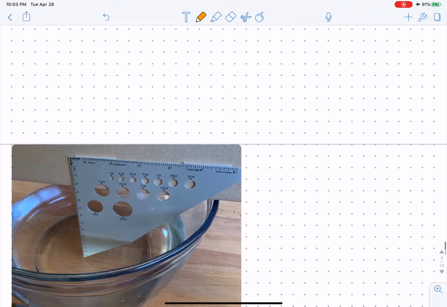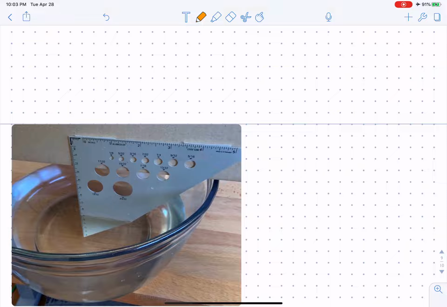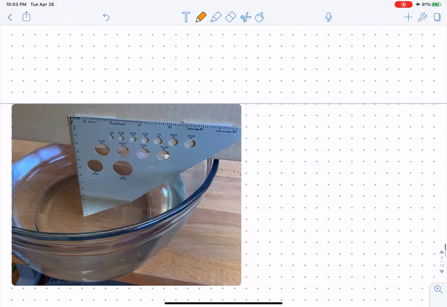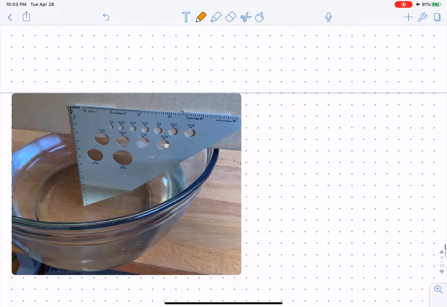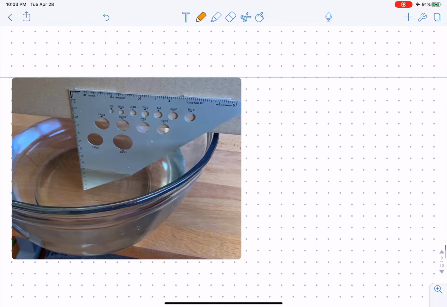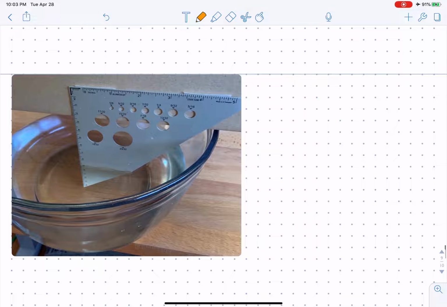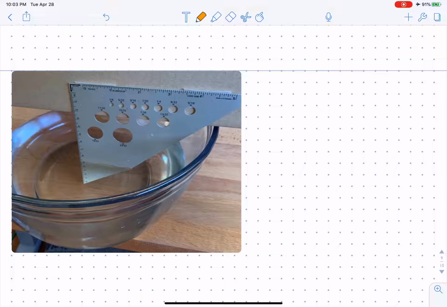I want to show you one other thing that you could actually do yourself. Maybe next time you go to the swimming pool. Or if you want to do it, you can stick your phone in a bowl of water if it's waterproof. So I took a triangle that has a ruler on one side, and I stuck it into water. It's just a mixing bowl.